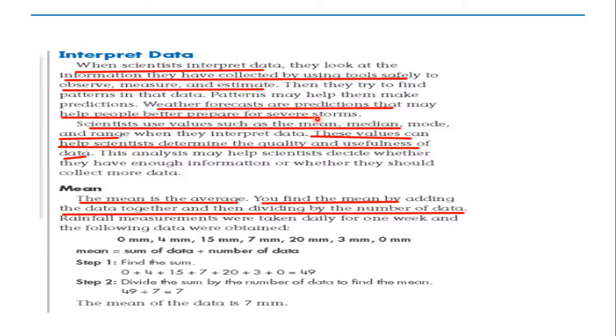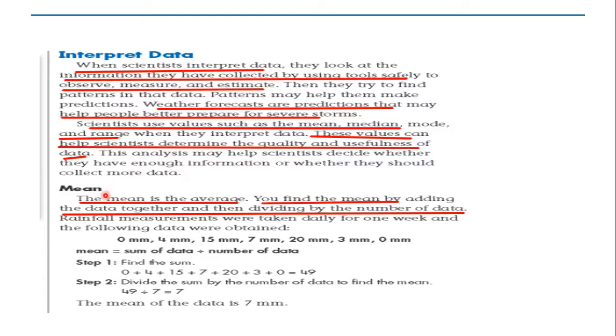Weather forecasts help us know if there are any severe storms coming. They give us warning. Scientists use values such as the mean, median, mode, and range. I think you study it in math. These values can help scientists determine the quality and usefulness of data.